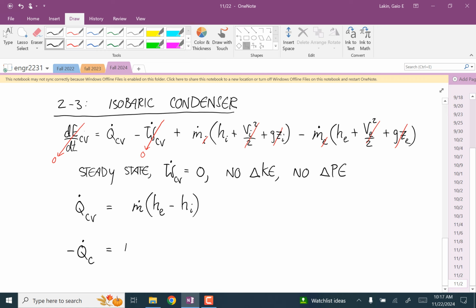and that's equal to m dot, and our h at the exit is h at state 3. Our h at the inlet is h2.